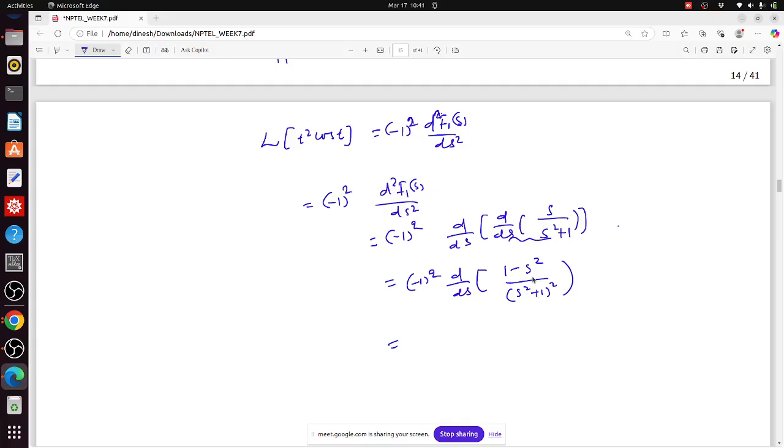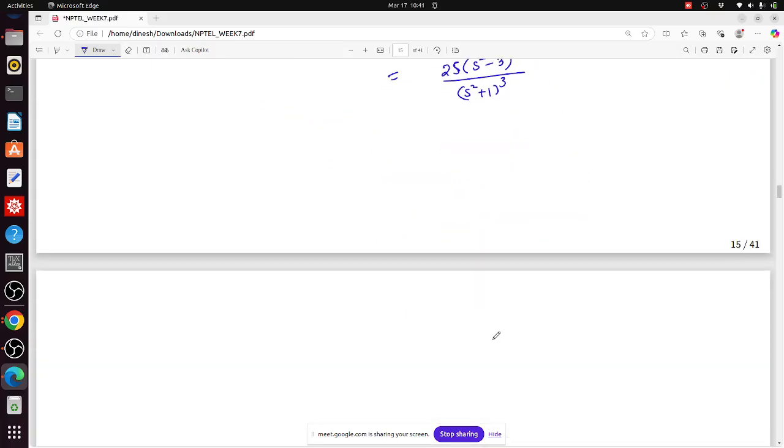Again differentiating this function with respect to s, we get 2s(s²-3)/(s²+1)³. Now we have to compute F(s) at s = 1, so in place of s we substitute 1.